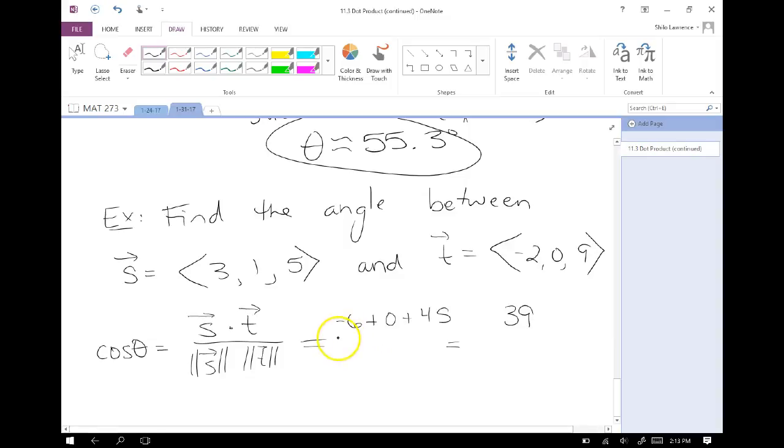And then in the denominator, we need our magnitudes. Magnitude of S is radical 35. Magnitude for T is radical 85.